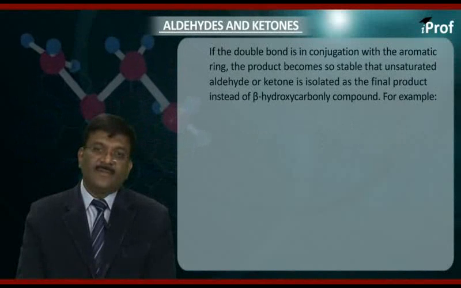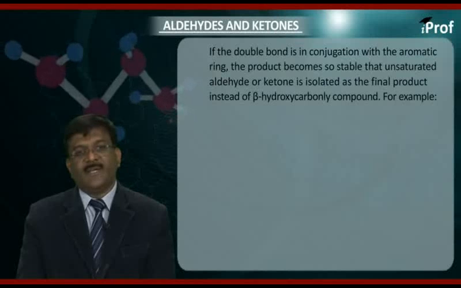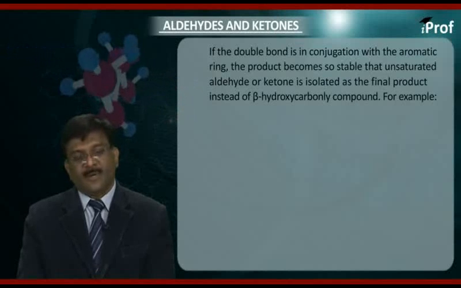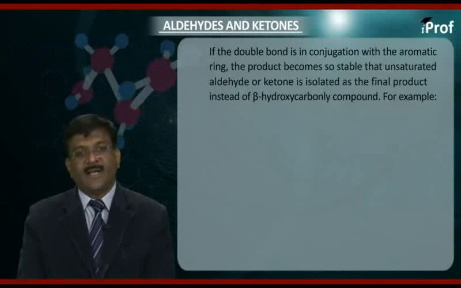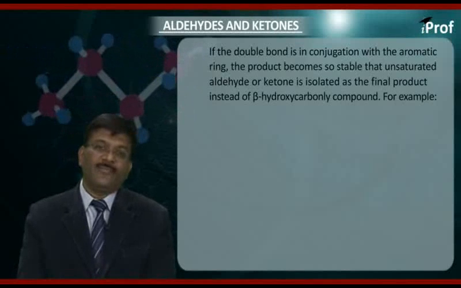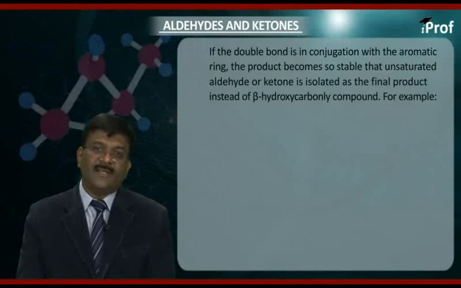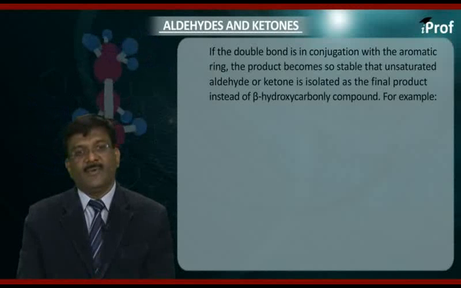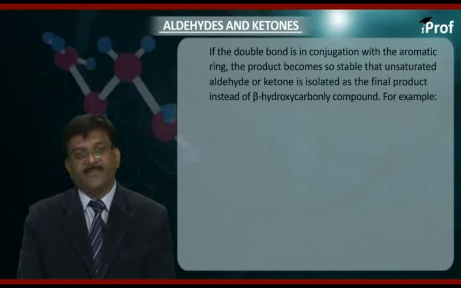If the double bond is in conjugation with the aromatic ring, the product becomes so stable that unsaturated aldehyde or ketone is isolated as the final product instead of beta hydroxycarbonyl compound.